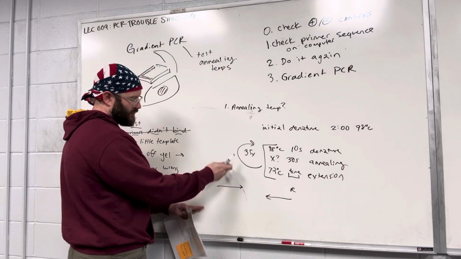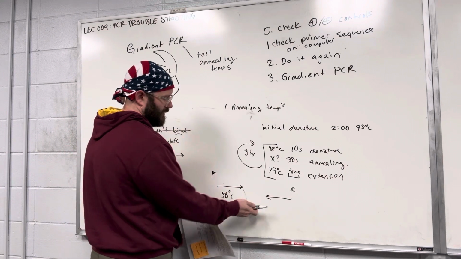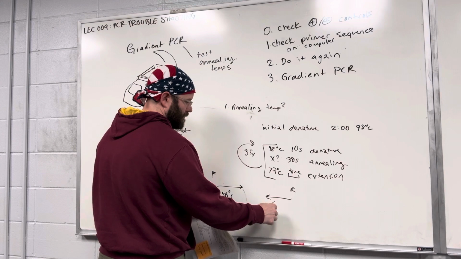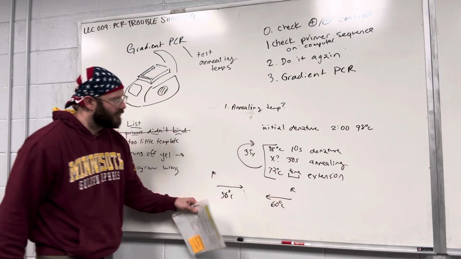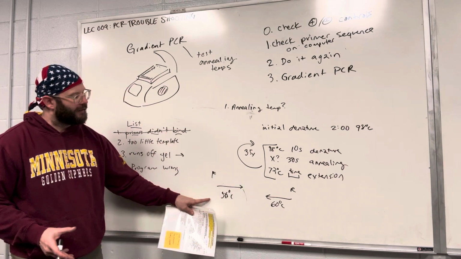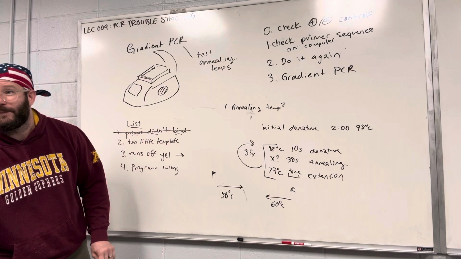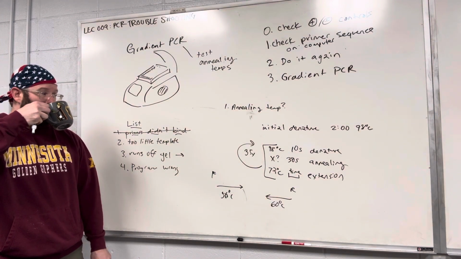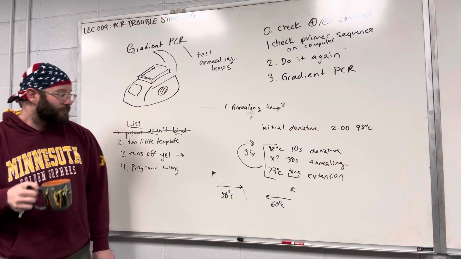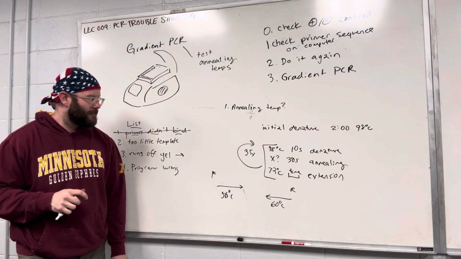So let's say this one was 56 degrees Celsius, and this one was 60 degrees Celsius. Which temperature should you choose for annealing and why? Any guess? 60 degrees.